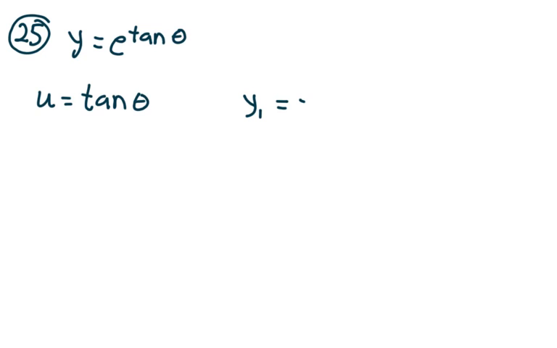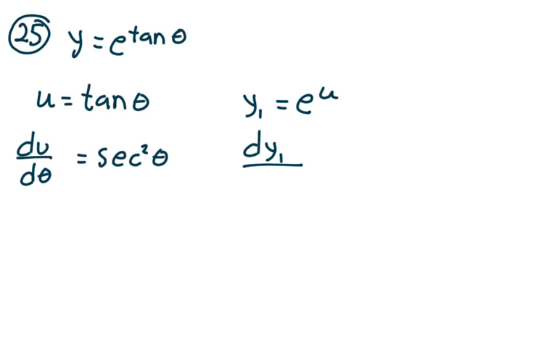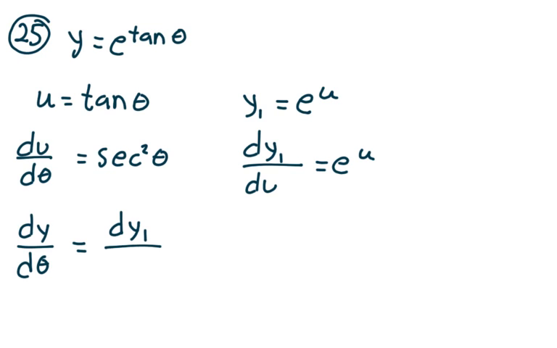So in this case, it will be e to the u. du d theta is equal to secant squared theta. And the derivative of y sub 1 with respect to u is equal to e to the u. So dy d theta is the derivative of y1 with respect to u times du d theta.